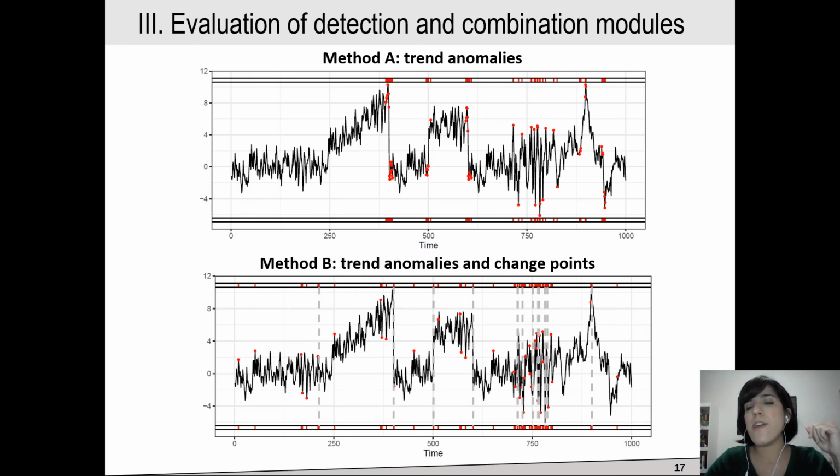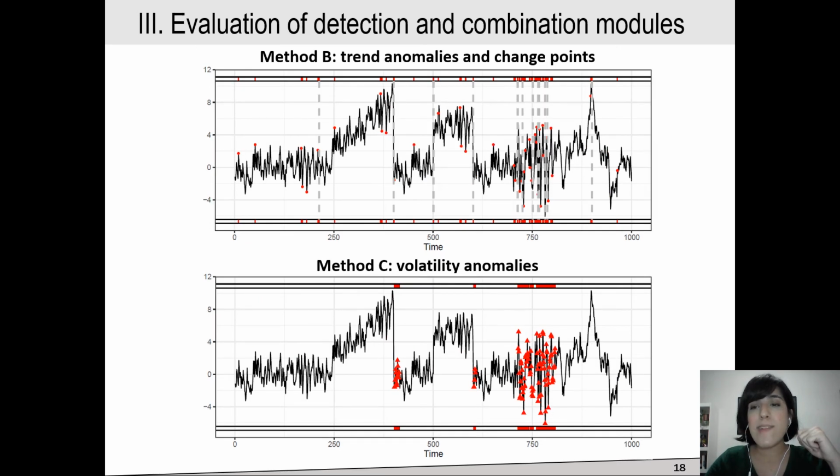And we can argue here that the first method was in fact able to detect some change points that may have been erroneously identified as anomalies. In this case, the analysis of the second method's results contributes to a better understanding of the nature of the events detected by the first one.